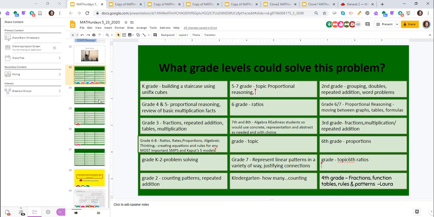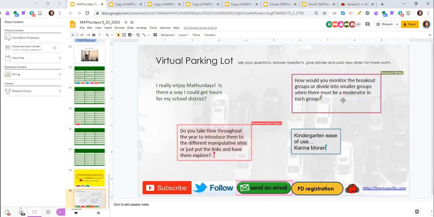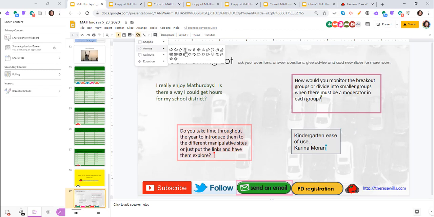Let's see some other questions. How would you monitor the breakout groups or divide into smaller groups when there must be a moderator in each group? I would suggest, if you're interested in classroom management and accountability, I do a whole session on that.